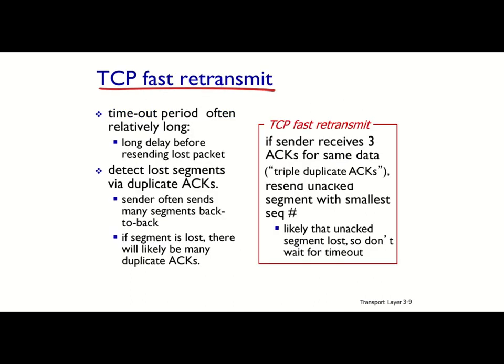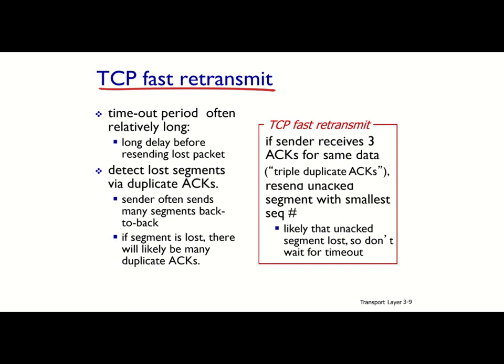A very interesting mechanism that TCP uses to improve its efficiency is called TCP fast retransmit. Usually when we reach a timeout, we figure out that a segment has been lost in the network, but waiting till the end of the timeout period is a very slow process, and you have to wait a lot before resending the lost packet.